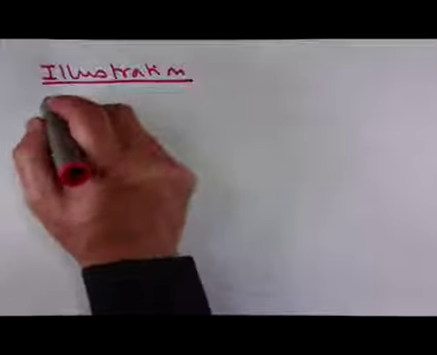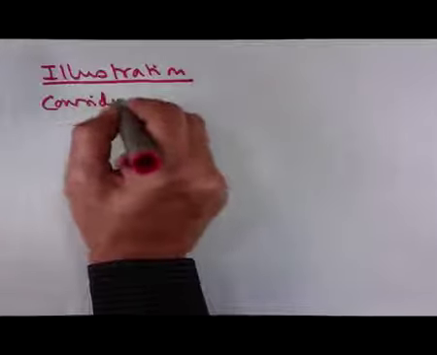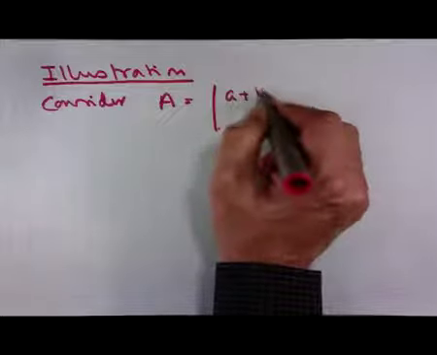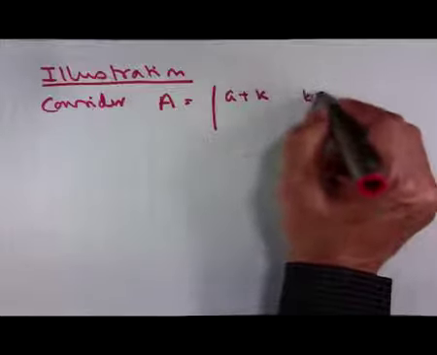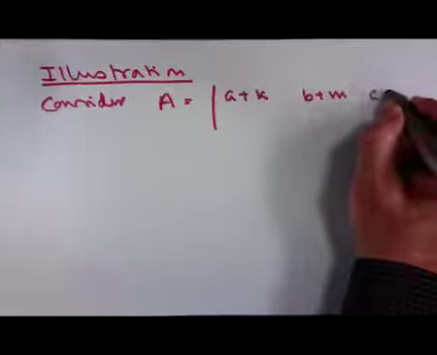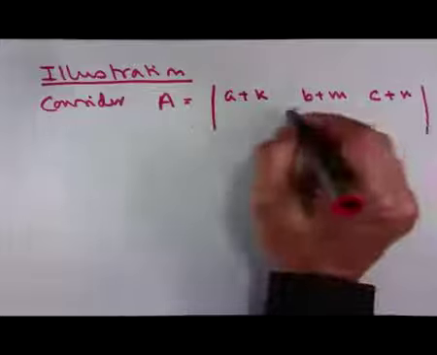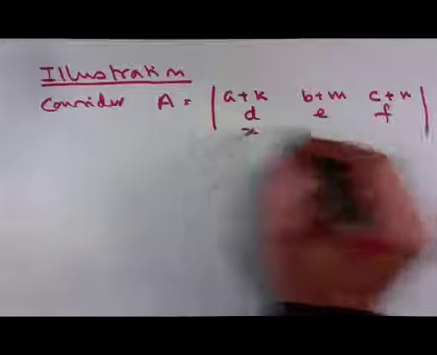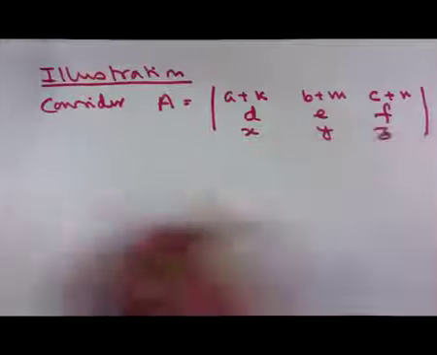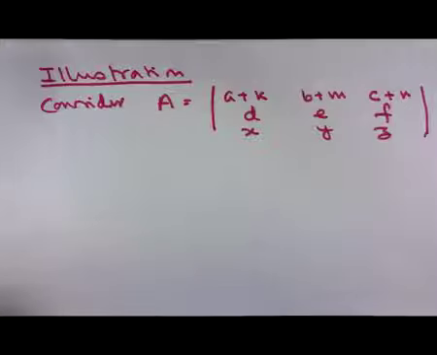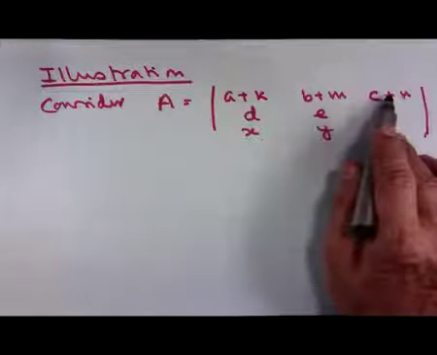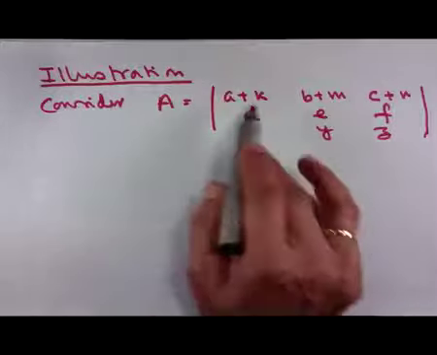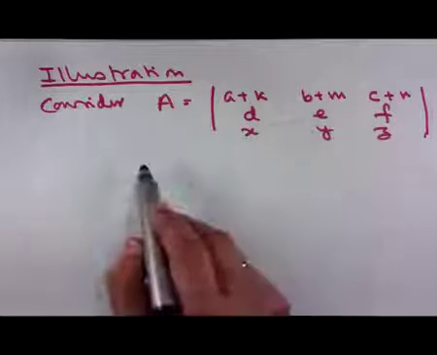Consider A is equal to A plus K, B plus M, C plus N, D E F, X Y Z. We see that the elements of the first row have been expressed as the sum of two quantities, each one of them.